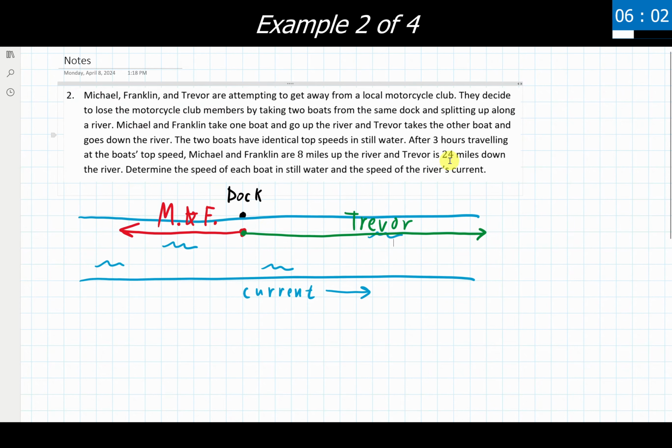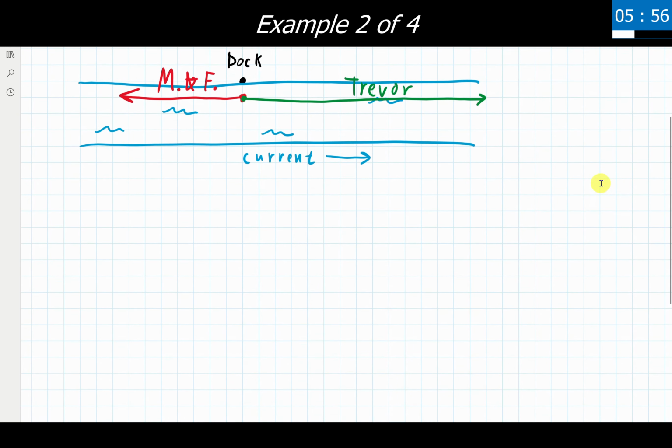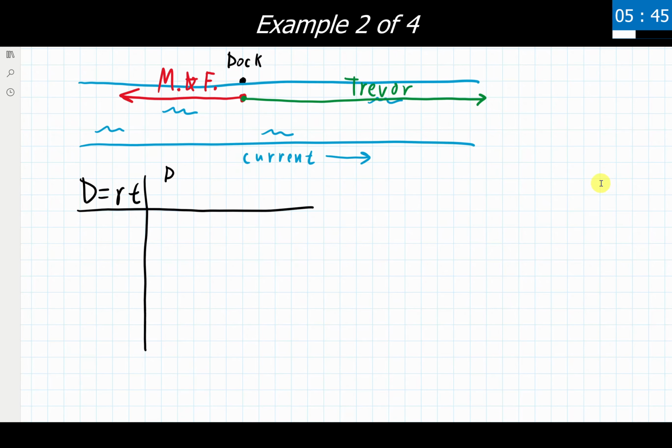So let's keep that in mind and make a little table for ourselves to see how we could map this out. I'm going to scroll us down here. We're going to use our DIRT table again, bringing it back from one of the chapter 3 sections. So we have distance, rate, and time.